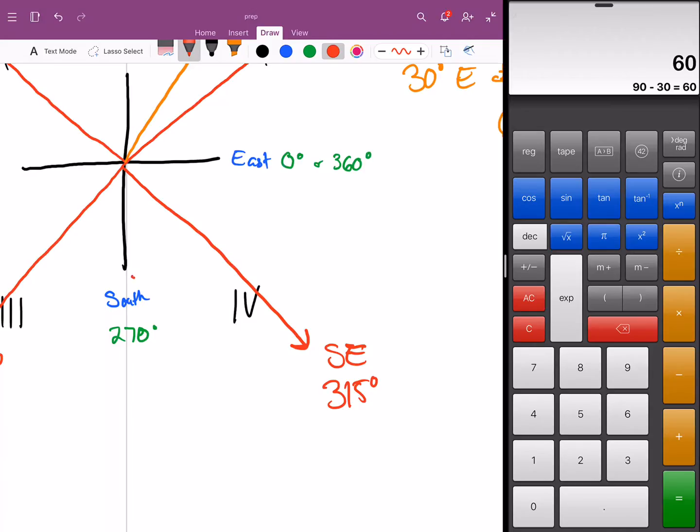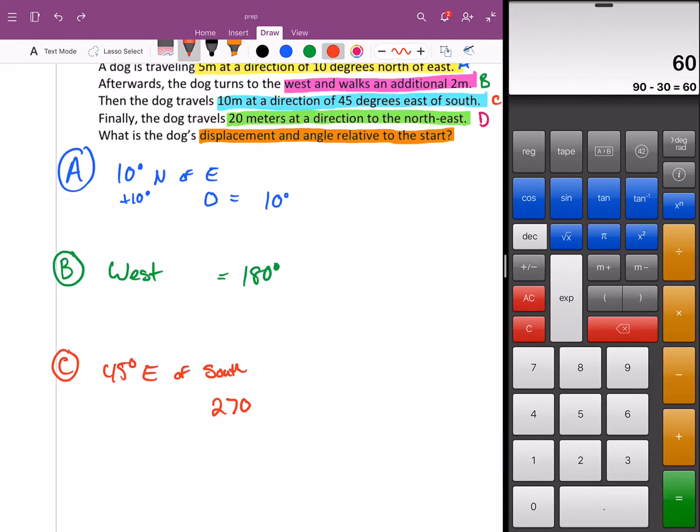And east is to the right, so we're going to progress. So 45 degrees will be added to 270.